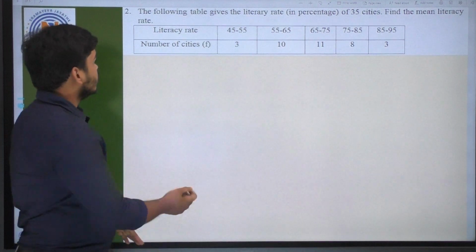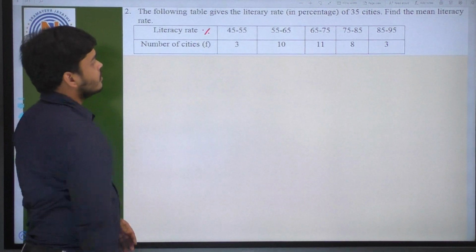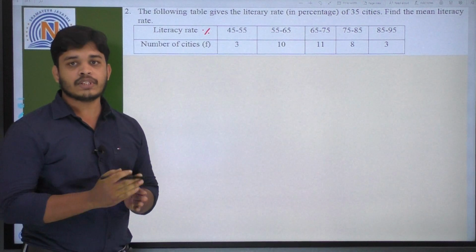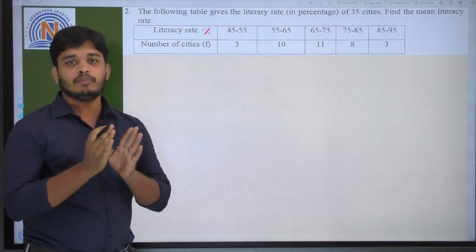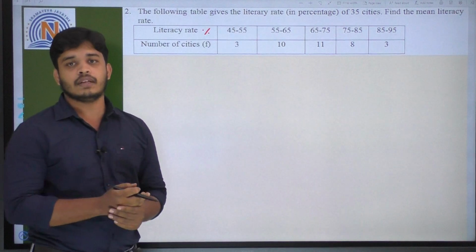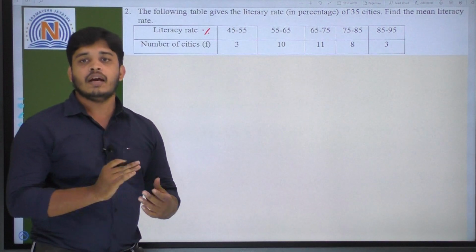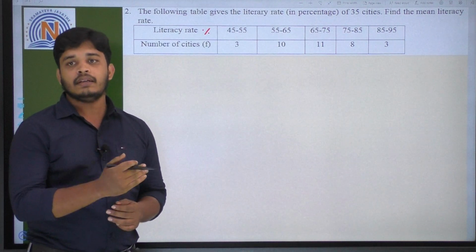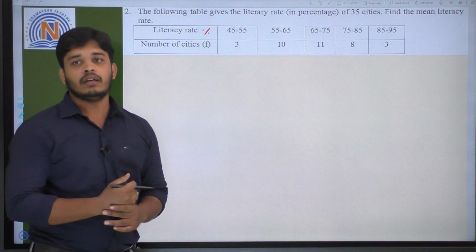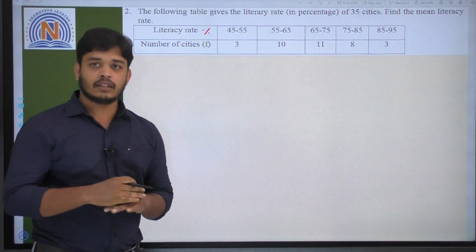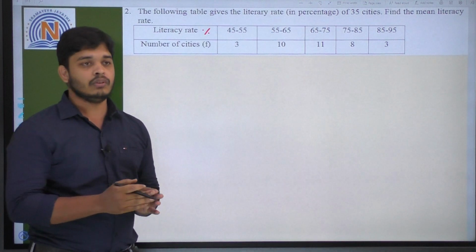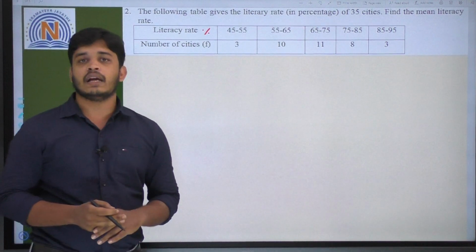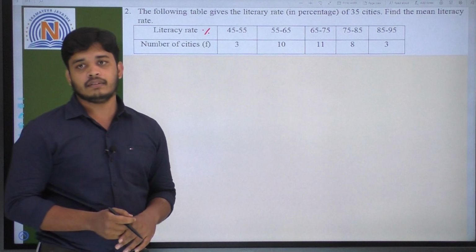So 45 to 55 percent is 3 cities, 55 to 65 is 10, 65 to 75 is 11, 75 to 85 is 8, and 85 to 95 is 3. So total is 35 cities. We need to calculate the mean literacy rate, right?